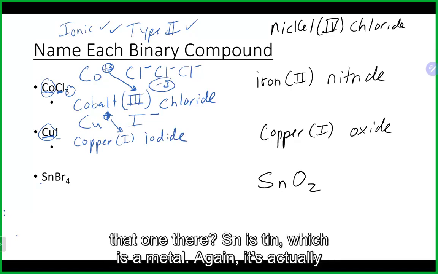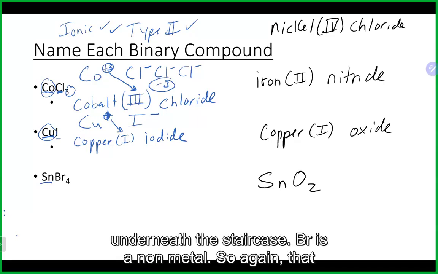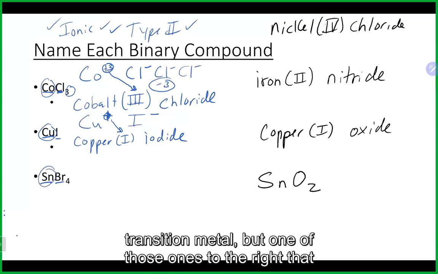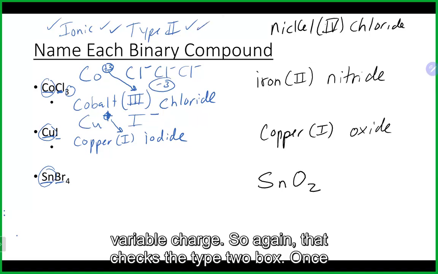Sn is tin, which is a metal. Again, it's actually over here to the right of the transition metal regions underneath the staircase. Br is a non-metal, so again, that checks the ionic box. Tin, as I just described, is not a transition metal, but one of those ones to the right that basically behaves the same way. That means it can have a variable charge, so again, that checks the type 2 box.